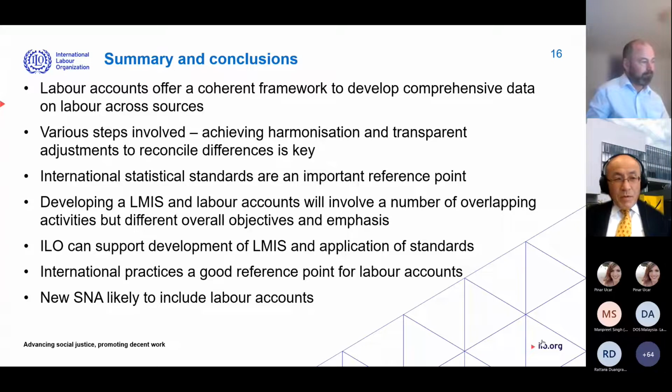Thank you for the splendid presentation, which overviewed fundamental elements on labor accounts. He highlighted gaps among data sources on labor statistics. Labor accounts thinking to address gaps.